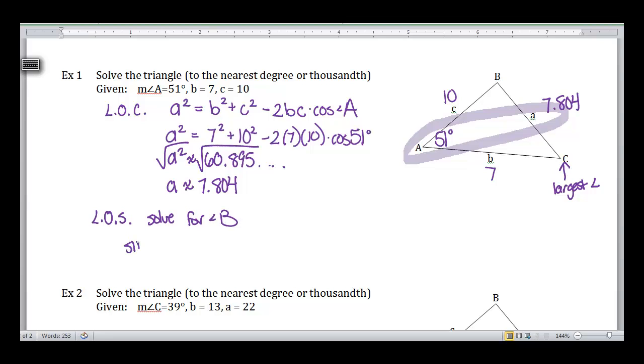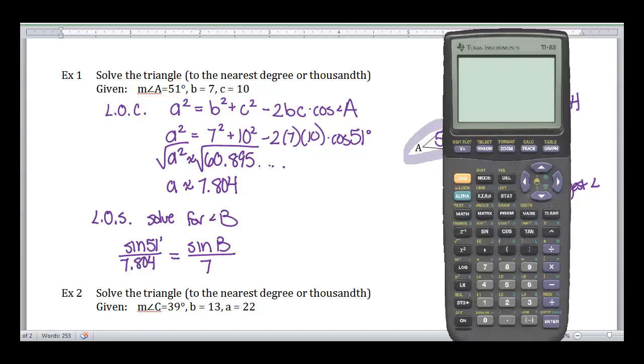So that would be the sine of 51 over the 7.804 I just found, equals the sine of angle B over side B. Again, you can cross multiply here, and in my calculator, I'm going to be doing 7 times the sine of 51, enter, divided by the 7.804, enter, and here I can do second sine, second answer, and it looks like angle B is about 44 degrees.